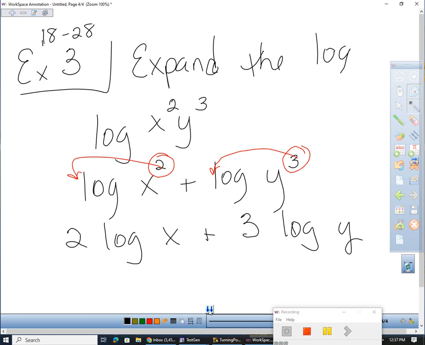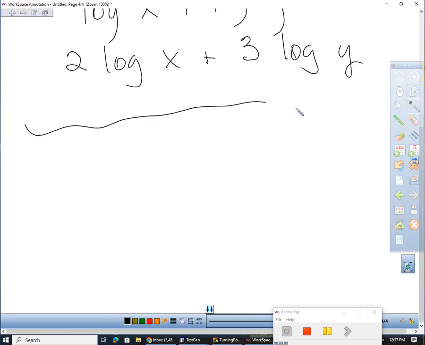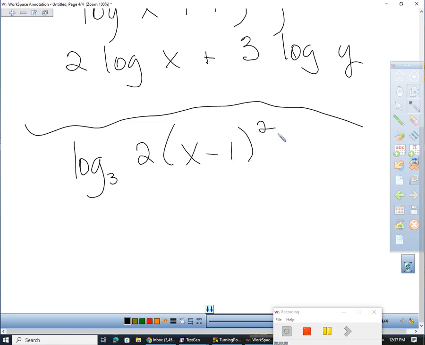Let's try another one. How about if I have log base 3 of 2 times x minus 1 squared?